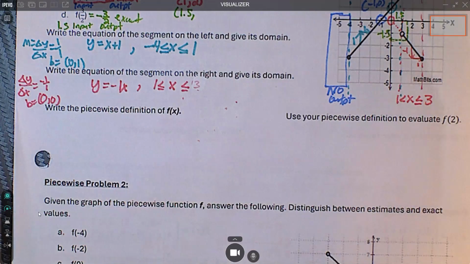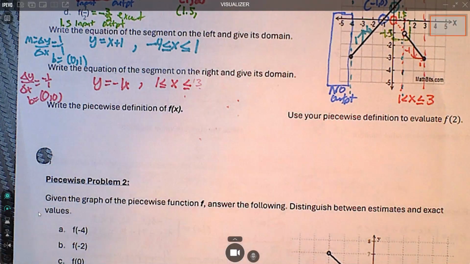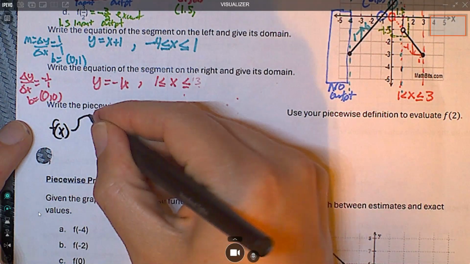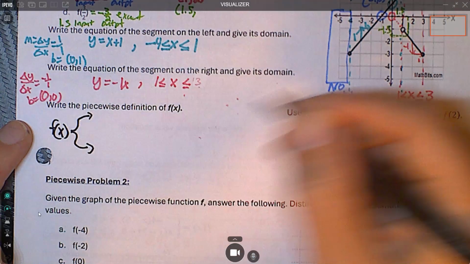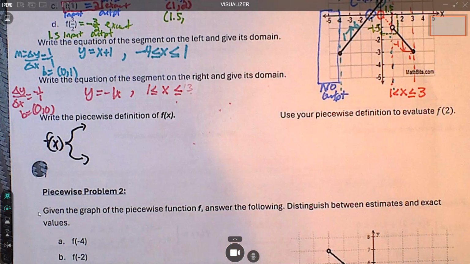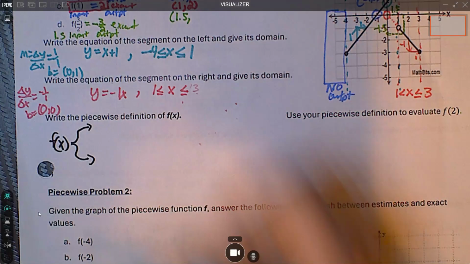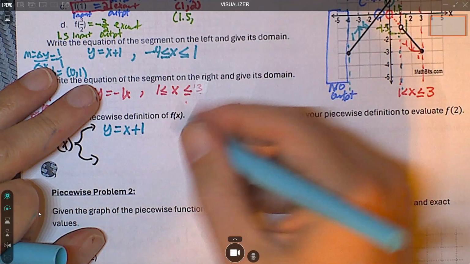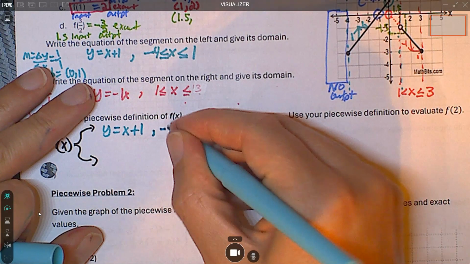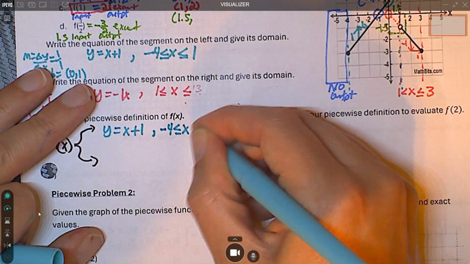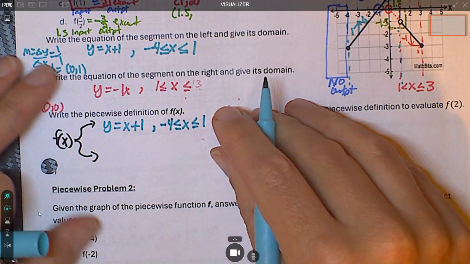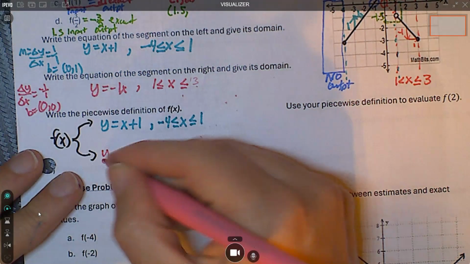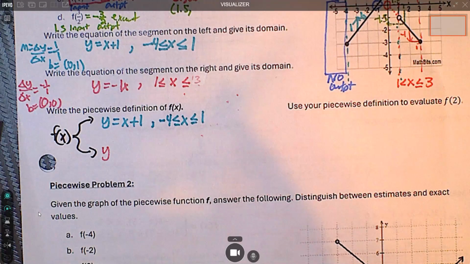Okay, it says write a piecewise definition. Okay, what is that exactly? You go f of x equals x plus 1 when the x's are between negative 4 and 1. Shoot, you don't put y equals.